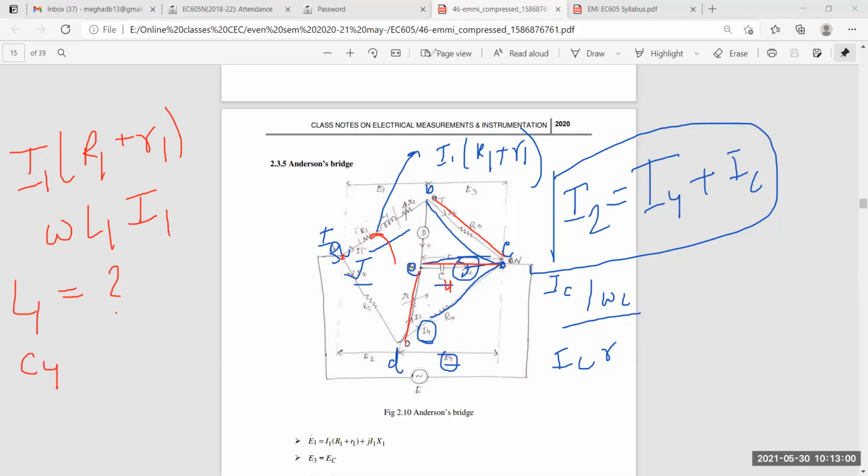I'm sharing my whiteboard because here I can't write so much formula. So at balance condition of the Anderson bridge, I can write from the picture that I1 is equal to I3, and I2 is equal to IC plus I4, because I told you that the I2 current, when entering the other arm, gives rise to two types of current, that is IC and I4.